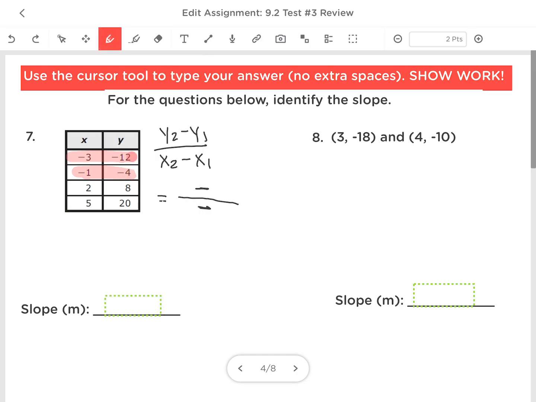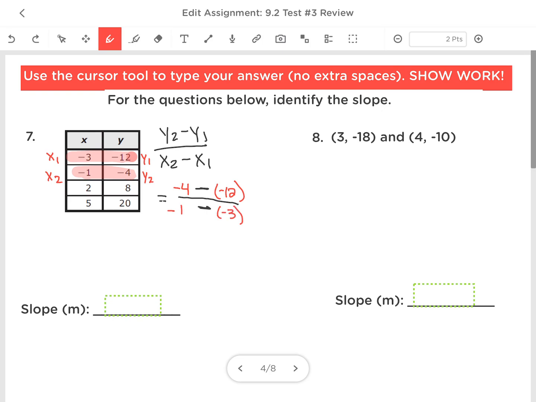Okay, so I have x sub 1, y sub 1, x sub 2, y sub 2. So y sub 2 is -4. Y sub 1 is a -12. X sub 2 is a -1. X sub 1 is a -3.